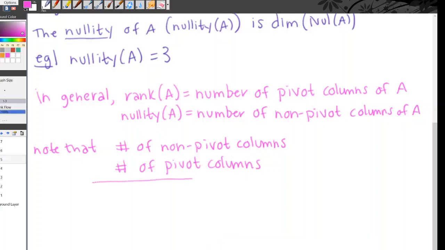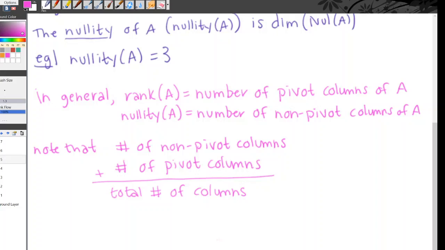If you add up the number of non-pivot columns and the number of pivot columns, that's going to give you the total number of columns of a matrix. That basically gives us a relationship between the rank and the nullity of a matrix, and that's what's called the rank nullity theorem.